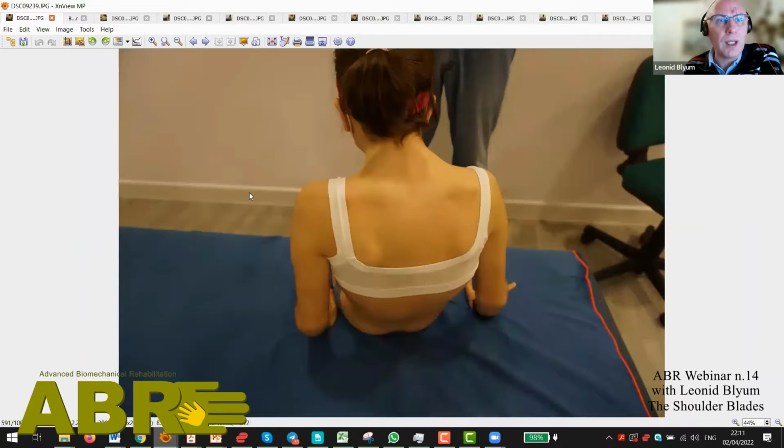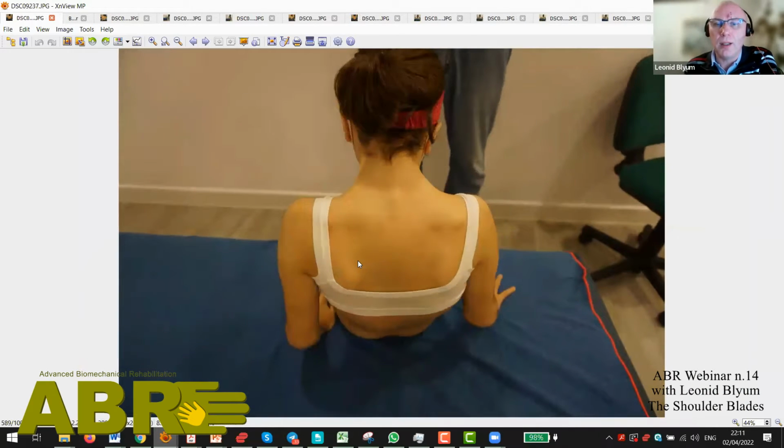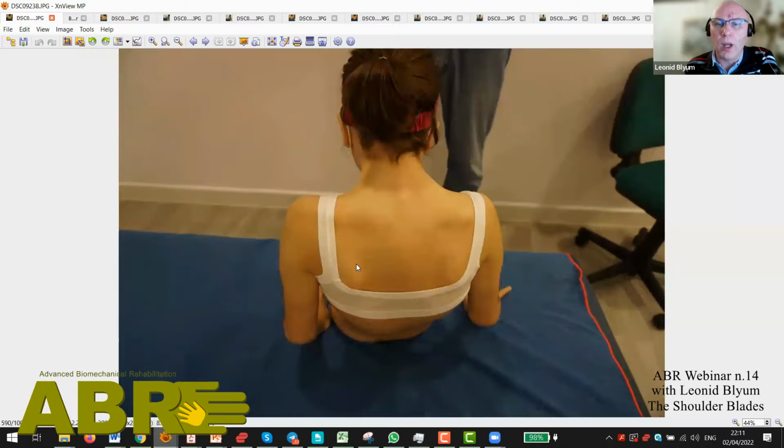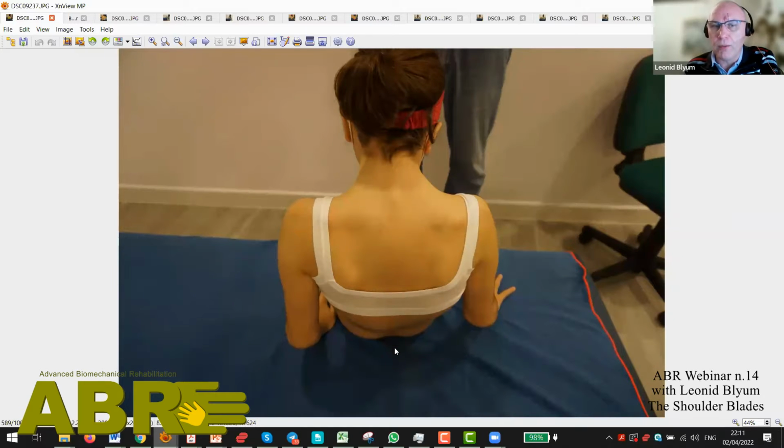So you see what's happening here. You see that as she is putting the weight and transferring the weight, pushing herself from the ground, right? You can see that the shoulder blades are staying very, very stable.